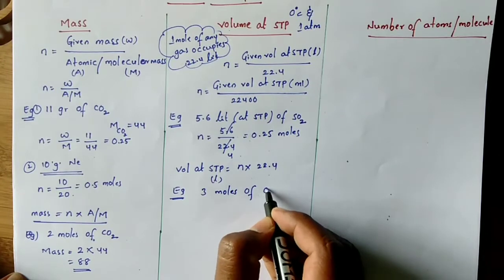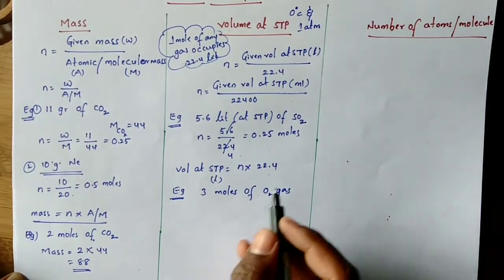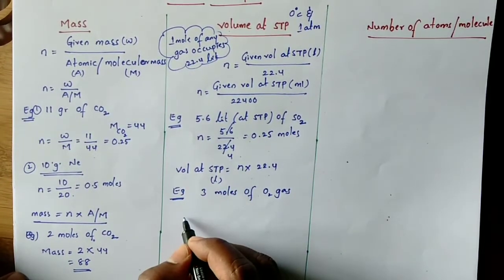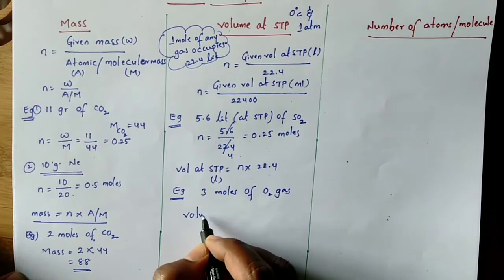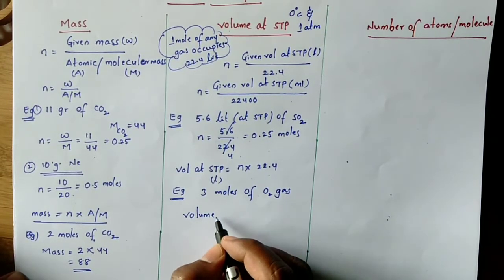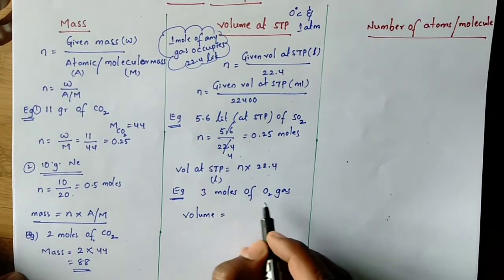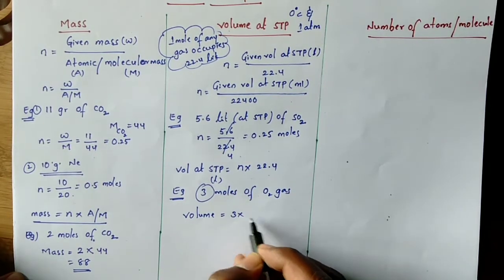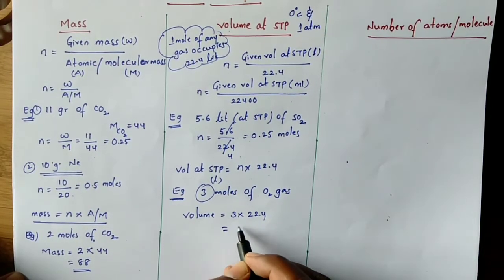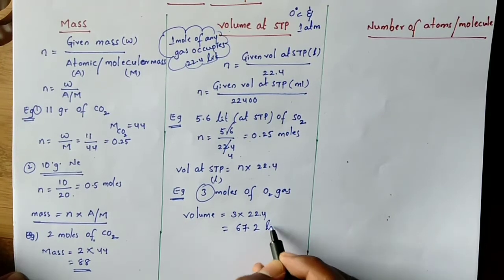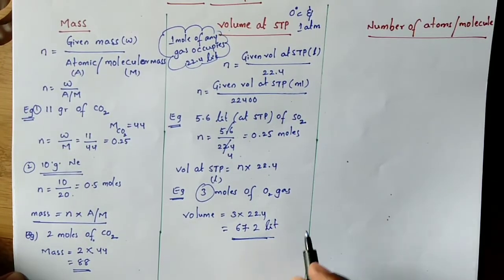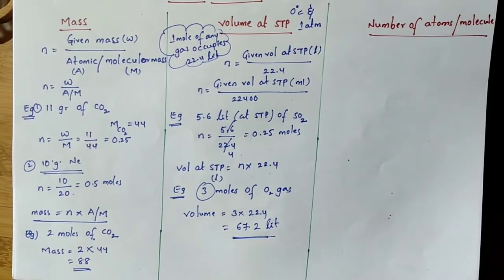How much volume does it occupy at STP? It is 3 into 22.4, that is 67.2 liters.